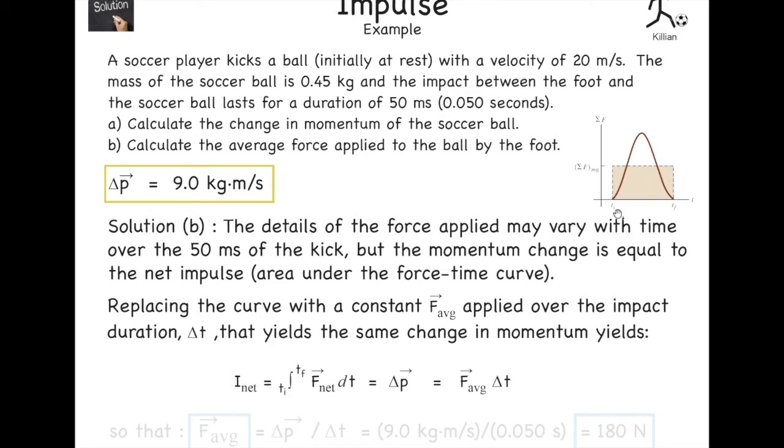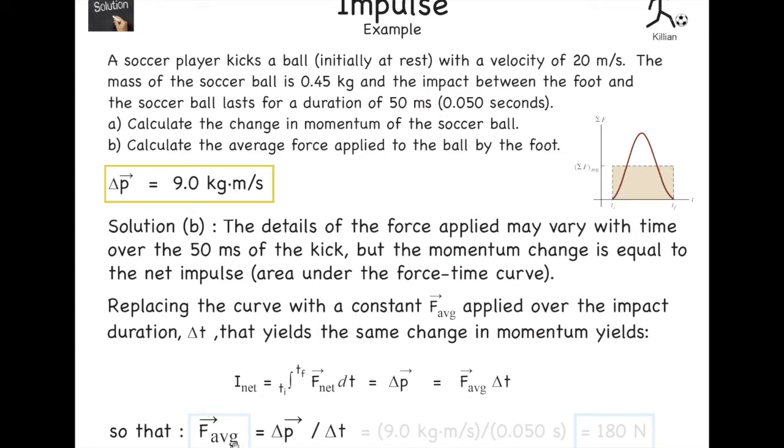So that's the integrated area. That's going to be equal to, in our simplified version, the average force times the total time window, which gives us the area of this rectangular box. All right. So the change in momentum is the average force times delta t.